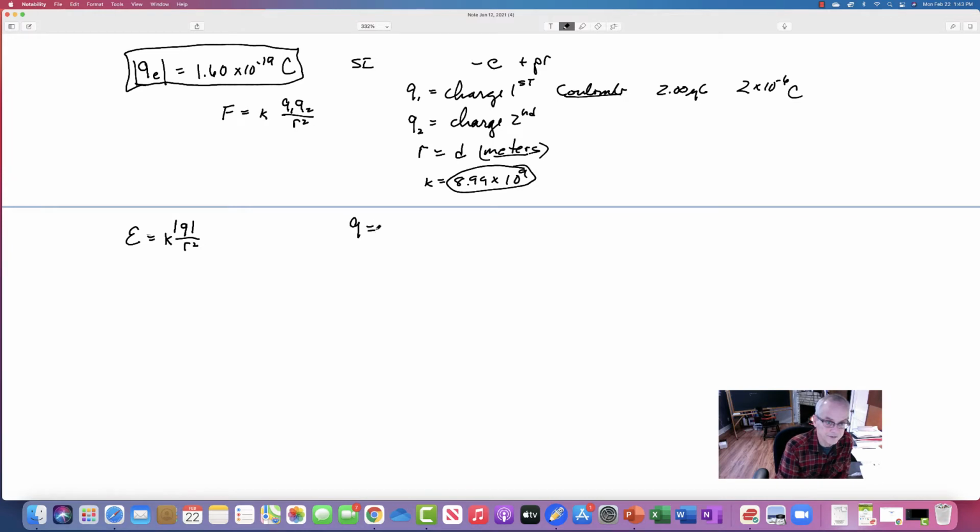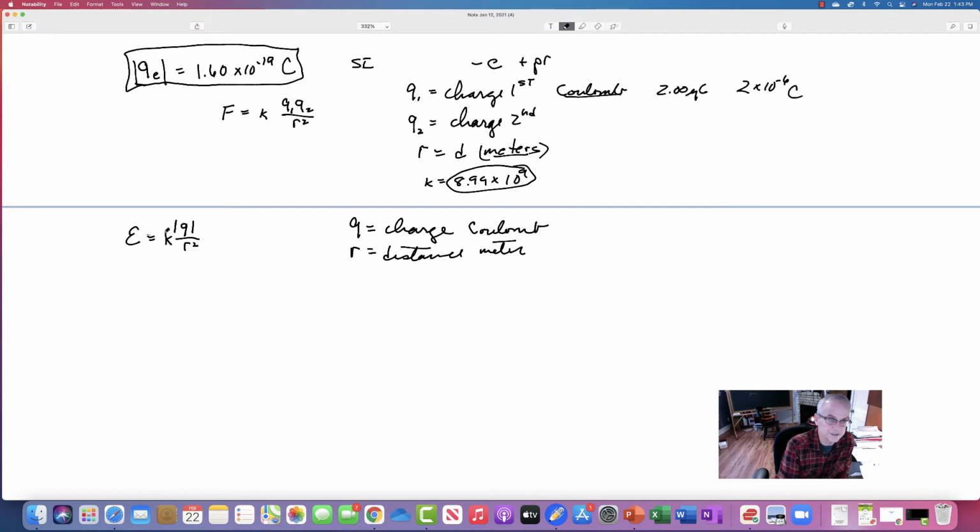The charge of the particle is also in coulombs. R again is the distance in meters, and the constant is this constant again.